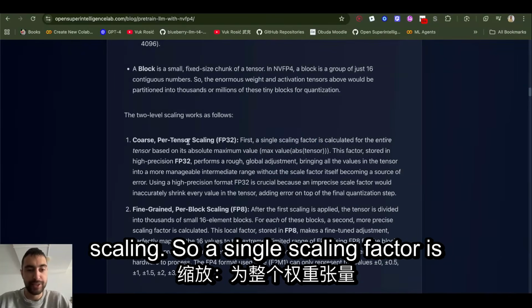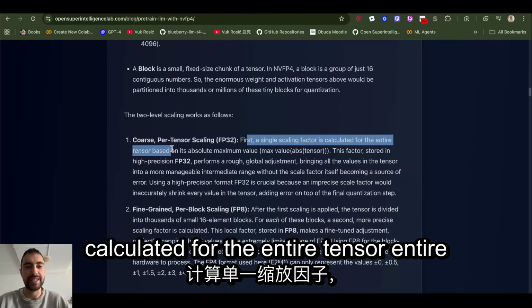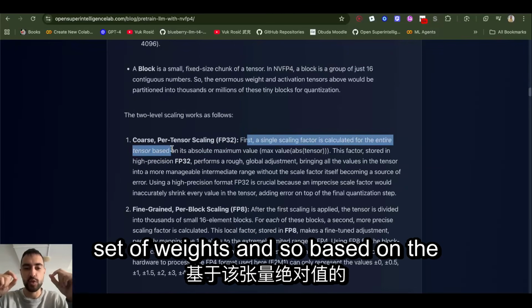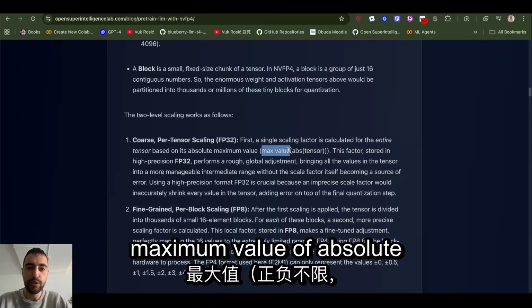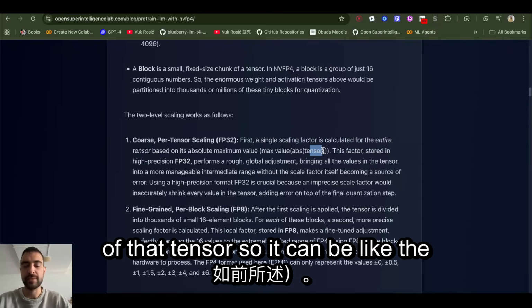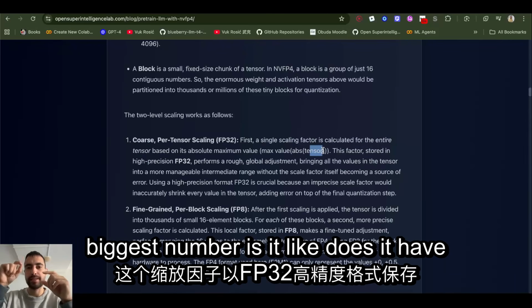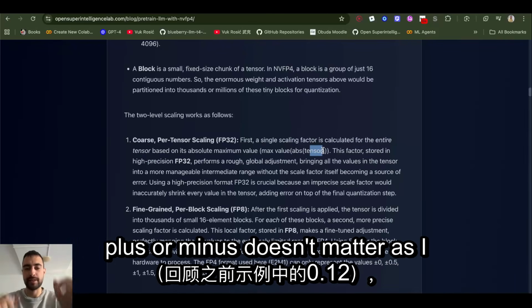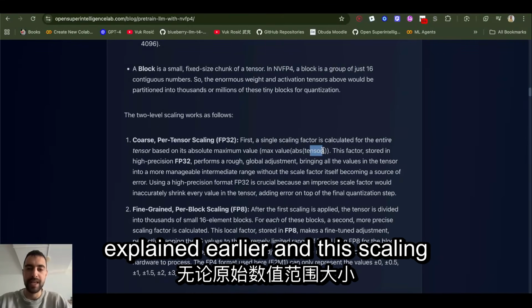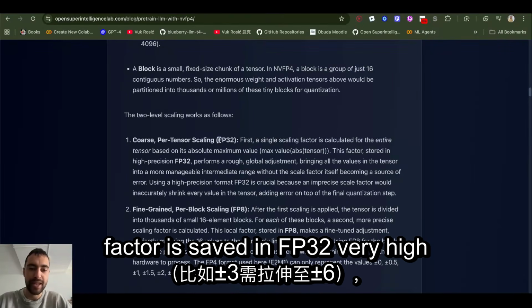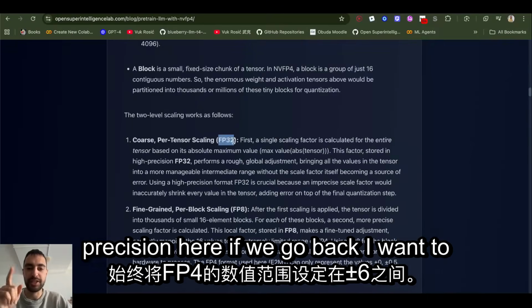First, per tensor scaling. A single scaling factor is calculated for the entire tensor, the entire set of weights, based on the maximum absolute value of that tensor. So it can be the biggest number, whether it has plus or minus doesn't matter, as I explained earlier. And this scaling factor is saved in FP32, very high precision here.